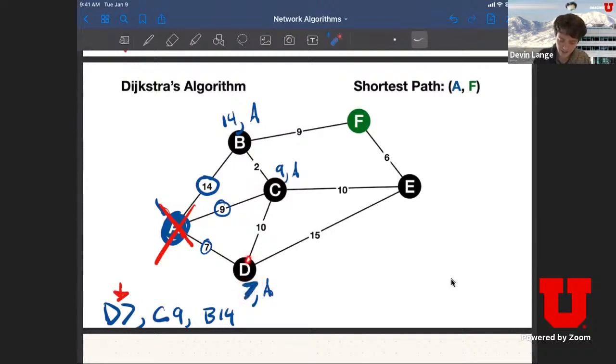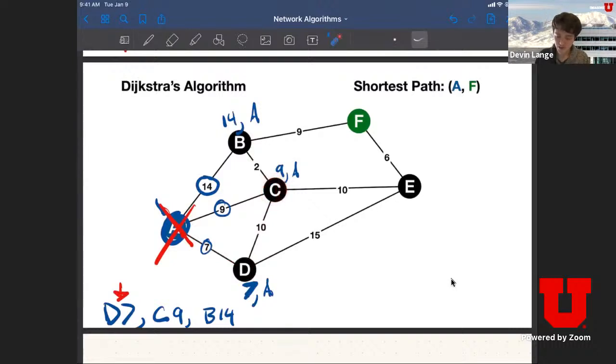We add the distance from D to C, which is 10. And if you were to take this path, then it would be distance 17. Now, this is larger in this case than the best case 9. So we actually do nothing here. We don't update anything, we just consider this checked for this scenario and move on.